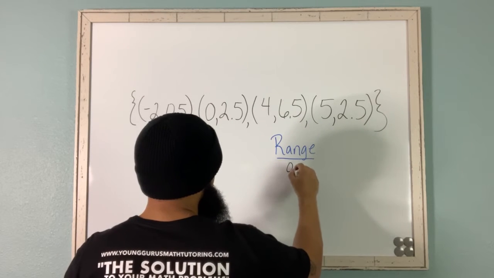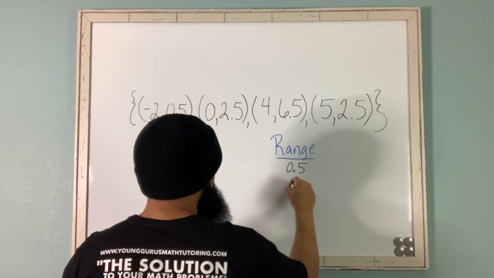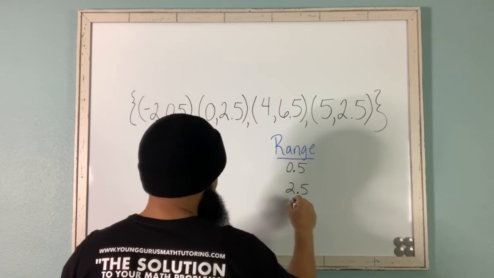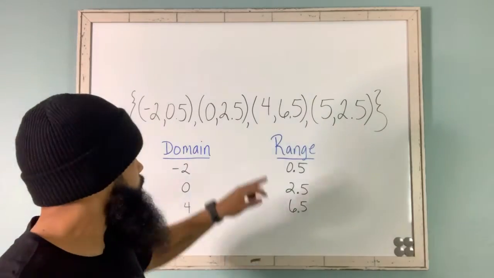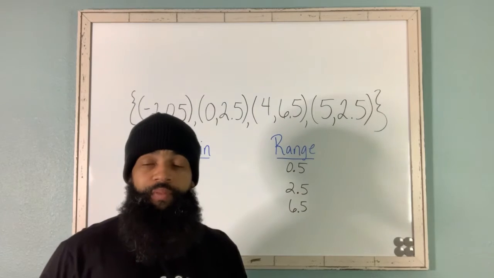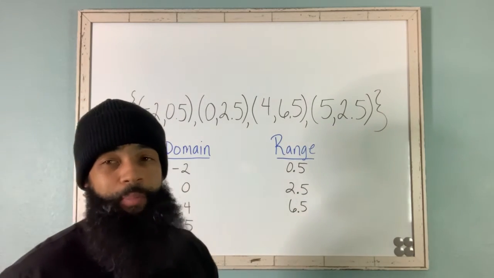Then the range: 0.5, 2.5, and 6.5. Now, notice I didn't write this 2.5 twice. We don't have to list the numbers twice, even if they are listed twice as an x coordinate or a y coordinate when we're doing a mapping diagram.